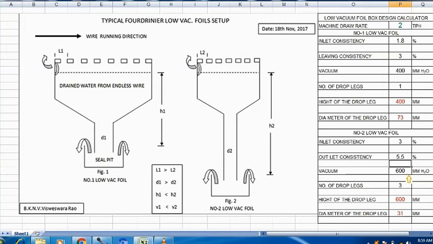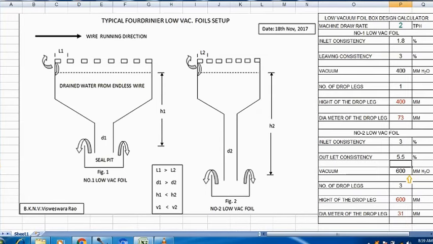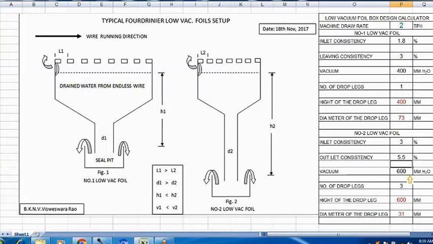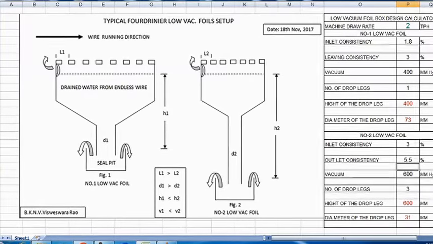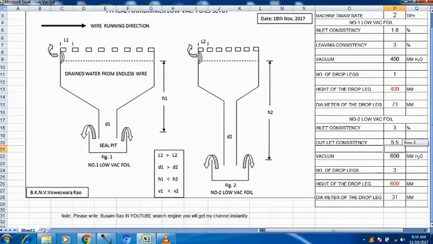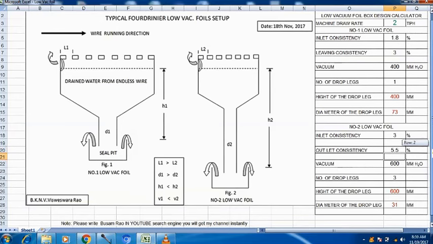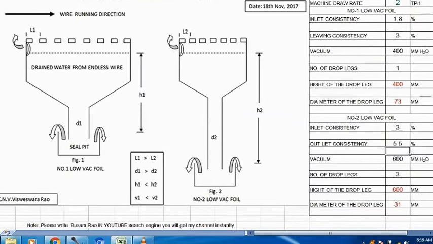Like this, we have to establish the low vacuum foil for better drainage and good sheet consolidation. This will improve the performance of the paper machine. So everybody should be aware of these things. Every paper maker must know, every designer must know before supplying this low vacuum foil.